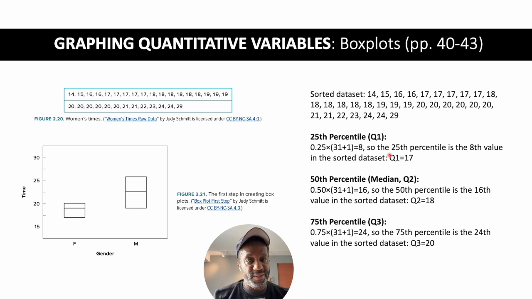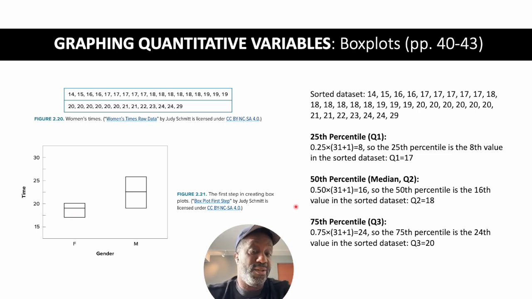So the 25th percentile is the 8th value. So we look at the sorted data, 1, 2, 3, 4, 5, 6, 7, 8. It's the next to the last 17. You take a look here, that's just about where the 25th percentile is.